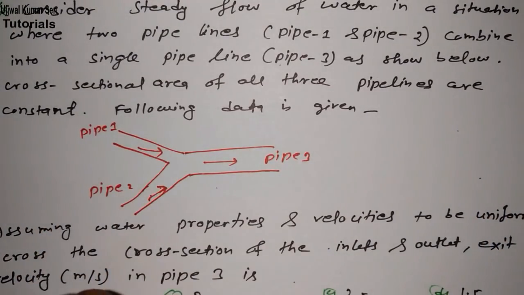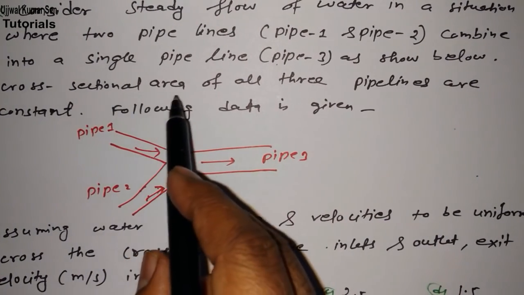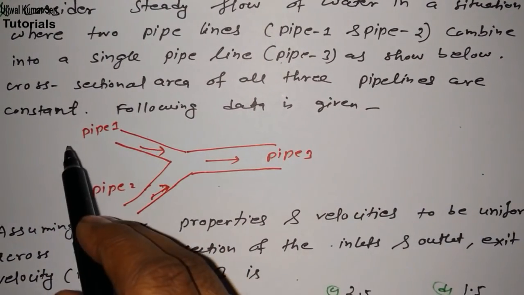Consider steady flow of water in a situation where two pipelines, pipe 1 and pipe 2, combine into a single pipeline, pipe 3, as shown below, and the cross-sectional areas of the pipelines are constant.